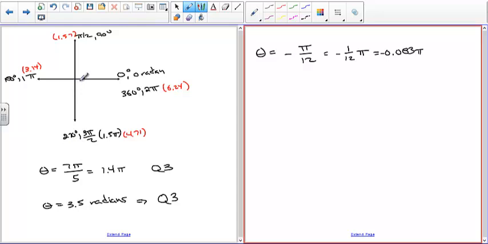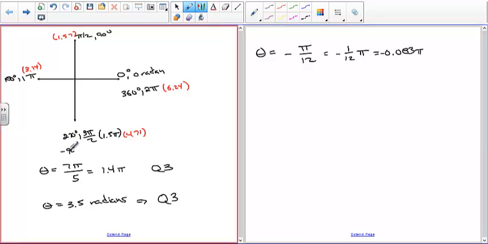this position relative to the positive x-axis is going to be negative 90 degrees. This will be negative 180 degrees. This will be negative 270 degrees. Likewise, this will be negative pi over 2. This will be negative pi. This would be negative 3 pi over 2. And if you go all the way around, you'd have negative 2 pi.